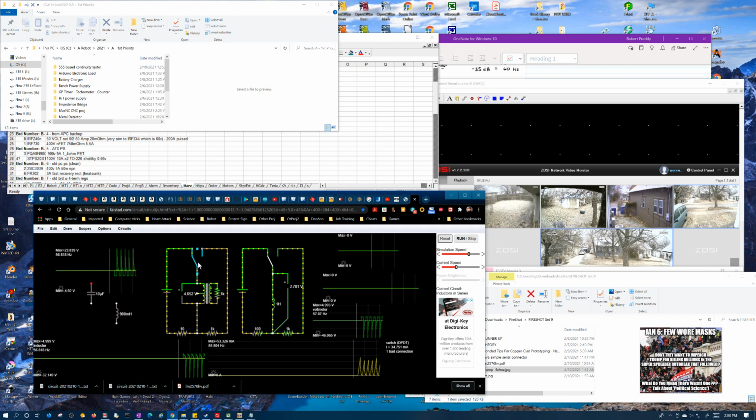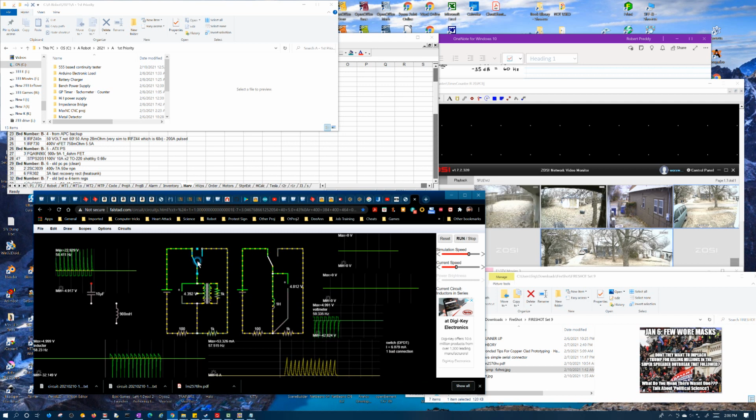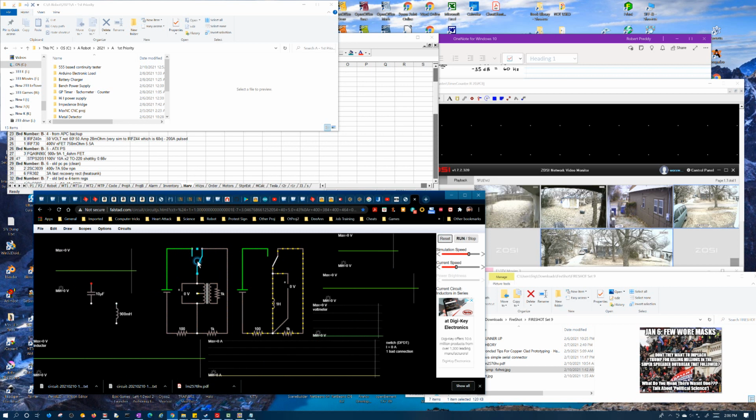Got the same deal, if I switch it fast enough, it still is only outputting about 20 volts, 23 volts. It's only about 12 volts now, despite the fact I increased the impedance a lot.